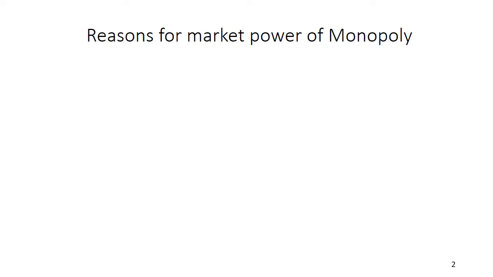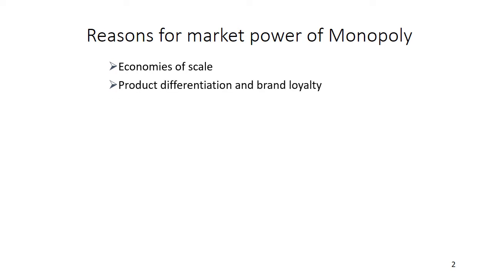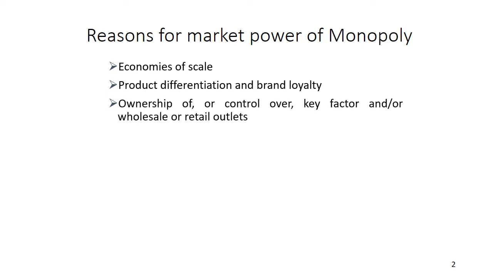Then we will see what the reasons for the market power of a monopoly are. One is economies of scale. Second, product differentiation and brand loyalty. Third is ownership or control over key factors and wholesale or retail outlets they own.